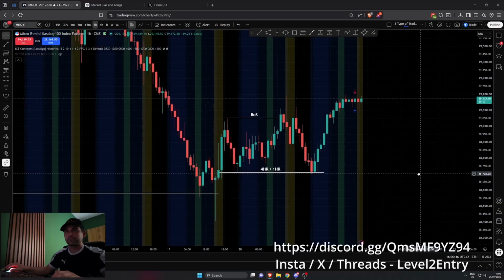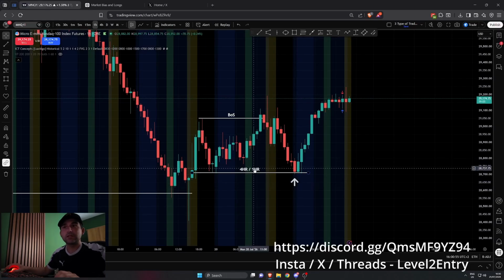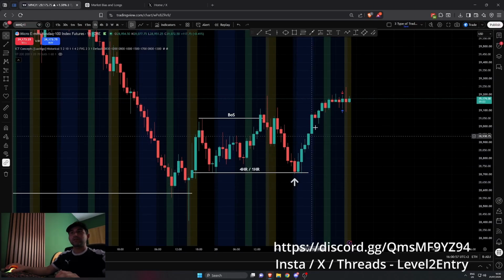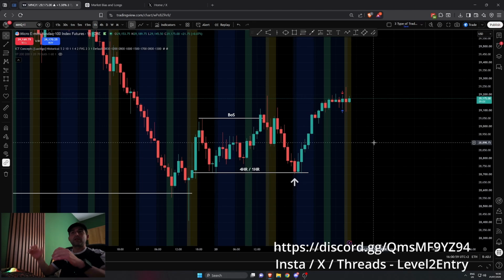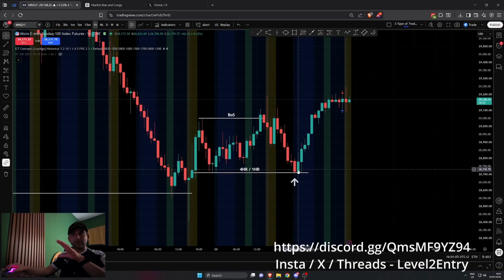I will be discussing this point here, where price during the Asia session took the liquidity and made this bullish move. As you can see here, price made this bullish movement and retraced.